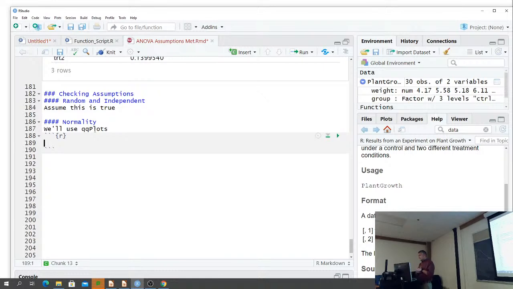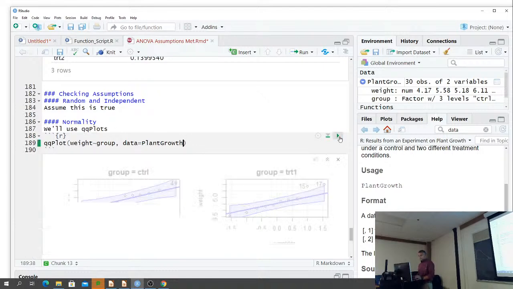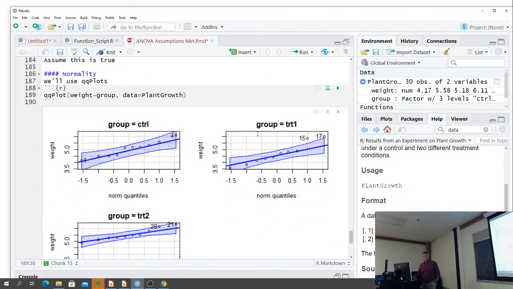We're going to get to subsets again, but I think we're just going to use the QQ plots because we've already shown you how to do that. So QQ plot, we're doing weight as a function of group, and the data is in PlantGrowth. And this generates a QQ plot for every group.